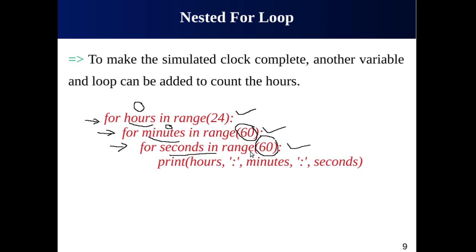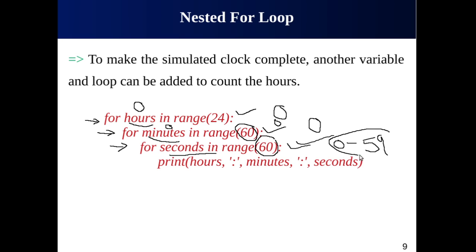But first, the innermost loop will execute completely for a single value of the outer loops. It means that first we have to complete the seconds 0 up to 59 for the value of minute which is 0, and also for the value of hour which is 0.